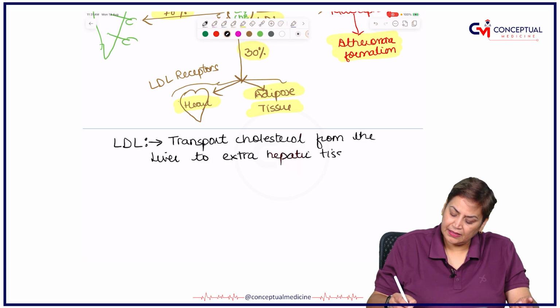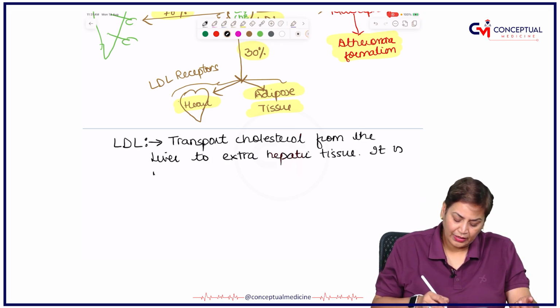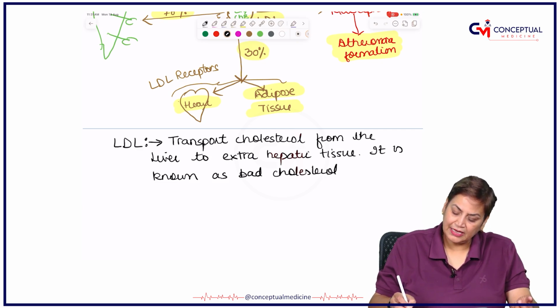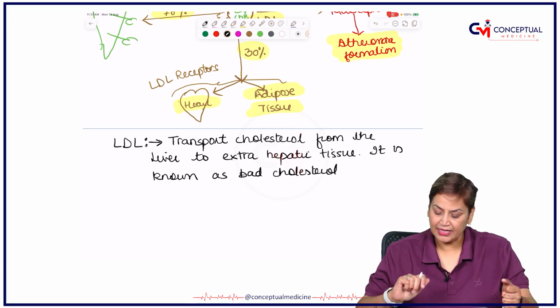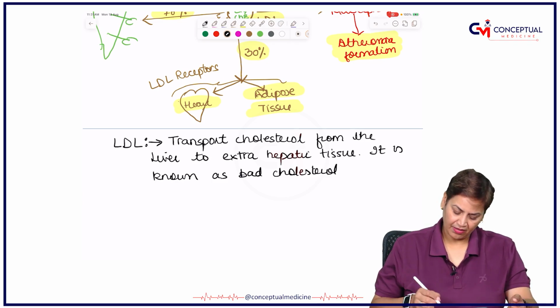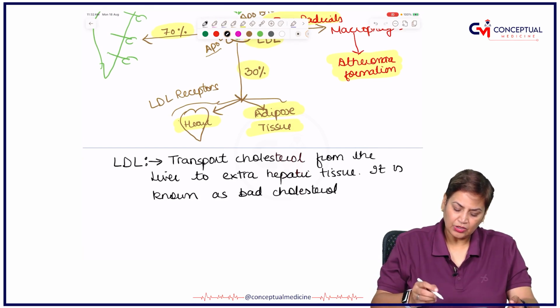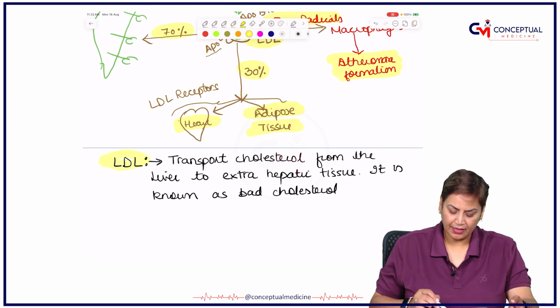And that is why it is known as bad cholesterol, because it leads to the formation of atheromas, as you can see here, right? So this is the metabolism of VLDL.